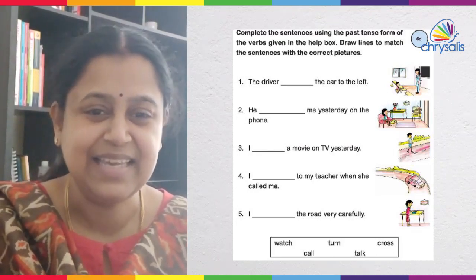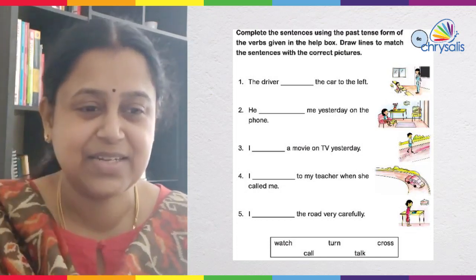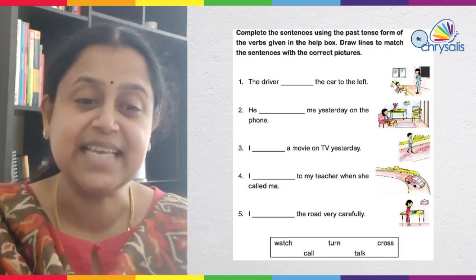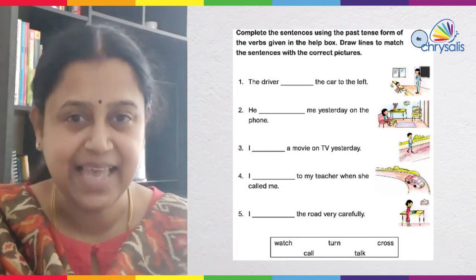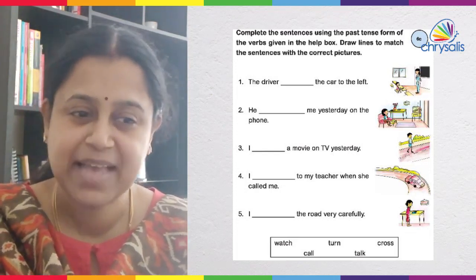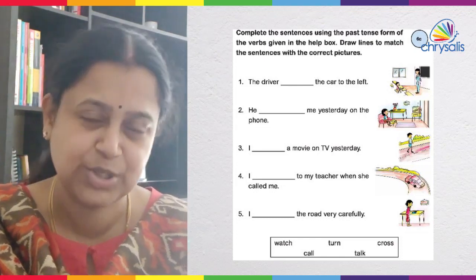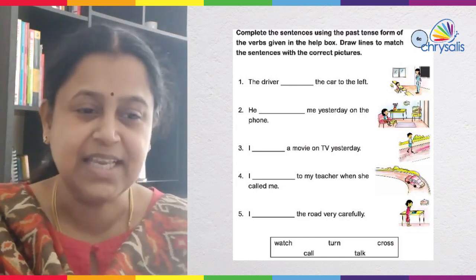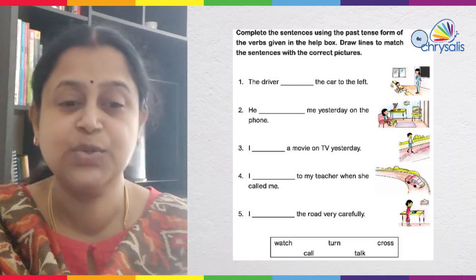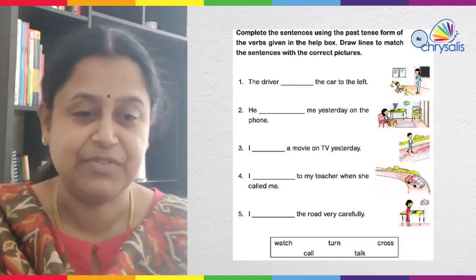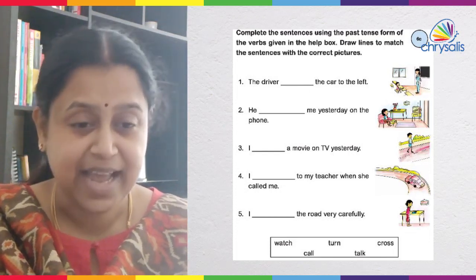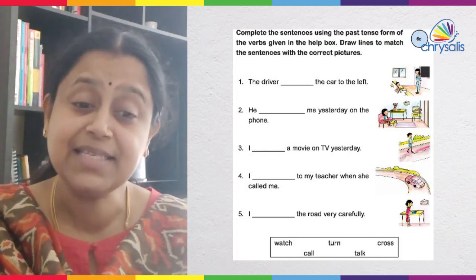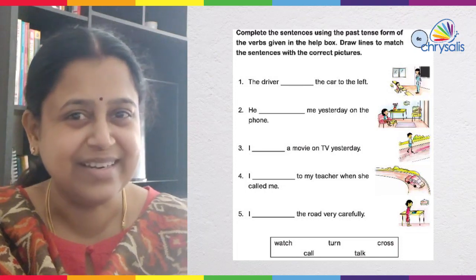Now, let's see what the instructions are. Complete the sentences using the past tense forms of the verbs given in the help box. Draw lines to match the sentences with the correct picture. The first sentence is, the driver dashed to the car to the left. Second sentence, he dashed me yesterday on the phone.